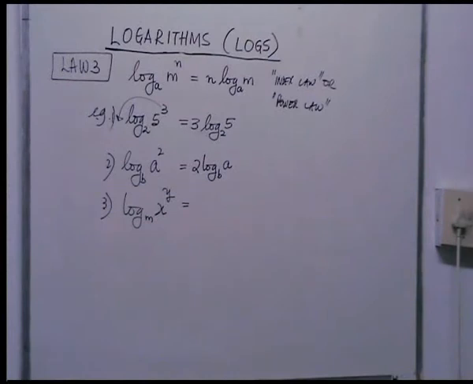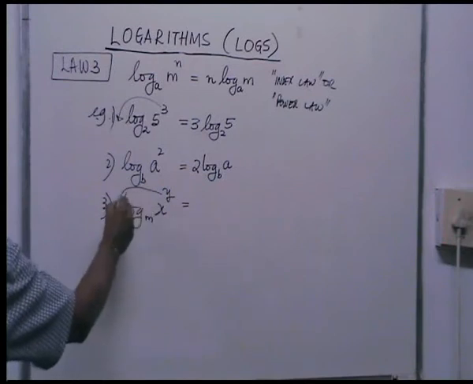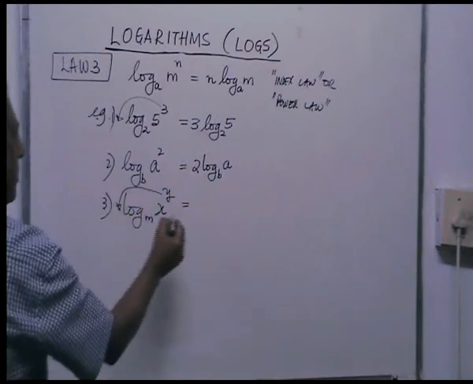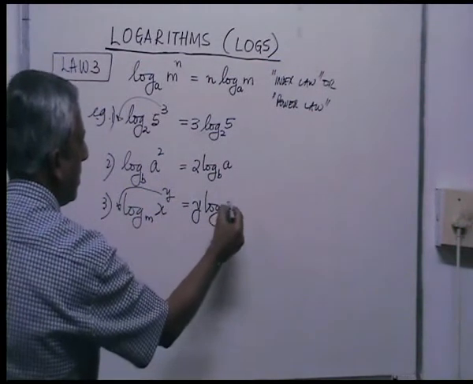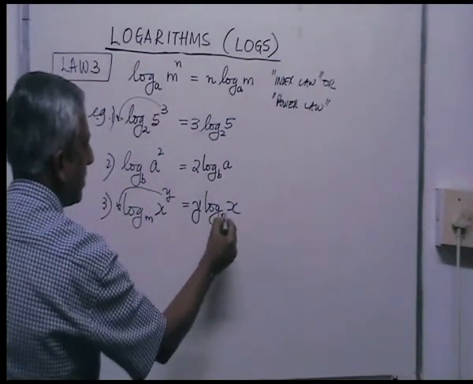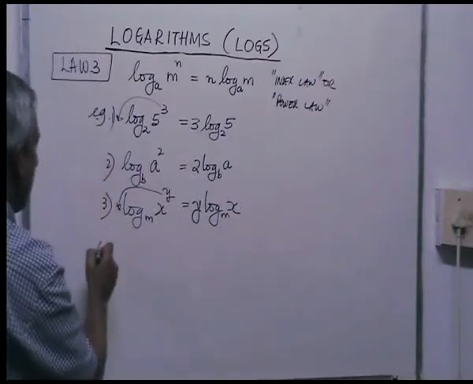Now, there's y. y is your index. That's your number. That's your base. So the y will come to the front. So that y will actually come over right here. So what will the answer be? y log x to the base n.